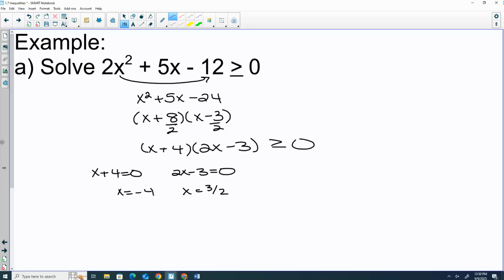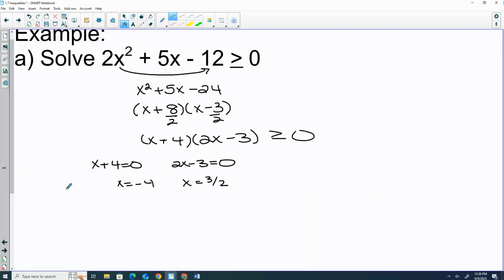And then, remember we made the sign line? So we plot those 2 points. That's where our quadratic would hit the x-axis. Then we had to have test points to decide if it was positive or negative.